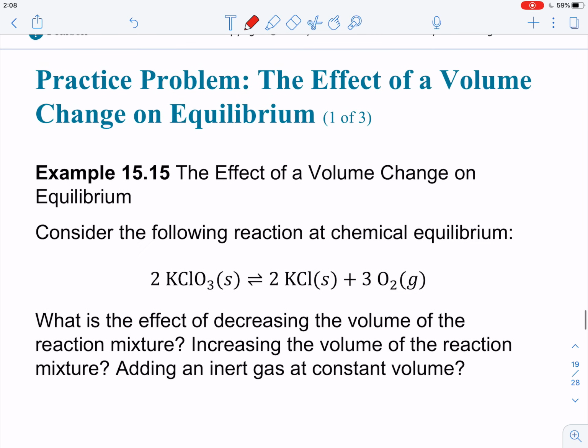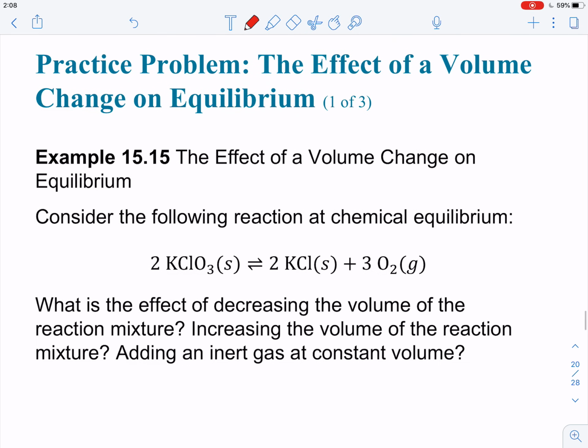Okay, so now we have this case. How do we apply that to a chemical reaction? So let's take a look at how many moles of gas you have at each side of the reaction. You have a solid, so there are 0 moles of gas here. And then you have 3 moles of gas here.